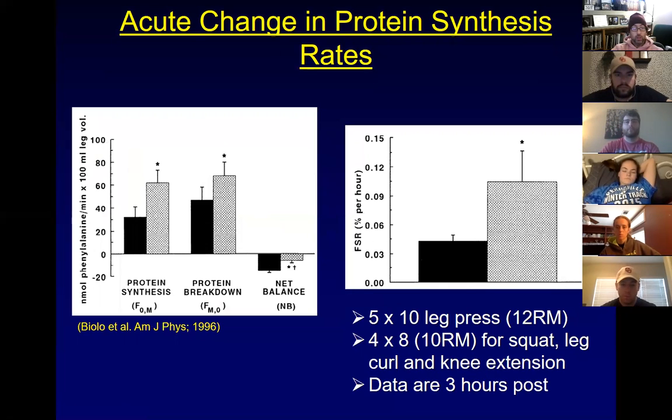Here are some additional data that we're going to see, and this is a weird thing where you're going to see that afterwards the synthesis rate goes up, breakdown rates are going to go up. The net balance, though, is going to be a little better off than it is here. Please don't ask me to try to explain everything in this graph.